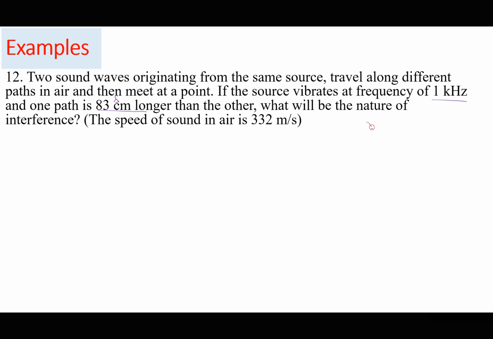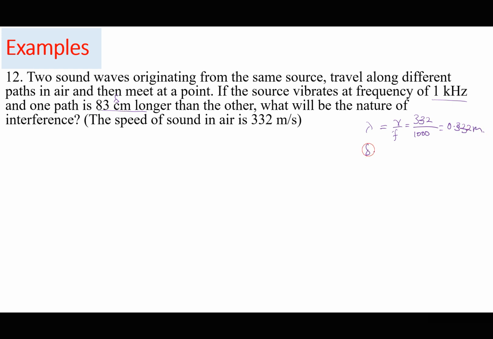So first of all, we find the wavelength. The wavelength is going to be equal to v over the frequency, where v is 332 over the frequency, which is 1000. So the wavelength is going to be 0.332 meters.